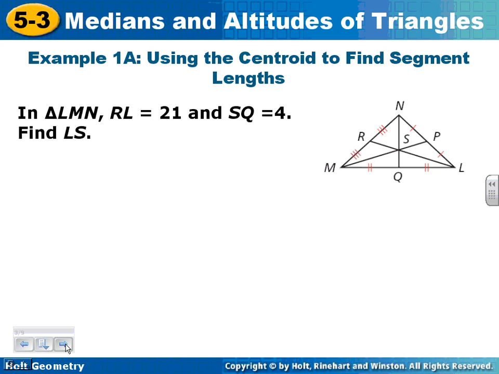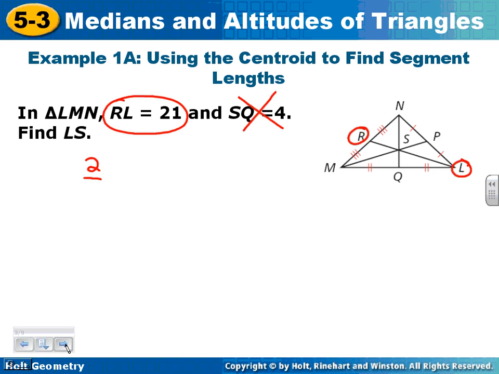In triangle LMN, RL is 21 and SQ is 4. Find LS. Well, R to L is 21. I don't need this information. I don't care what SQ is. It's 4. I need to find LS. Well, L to S is the 2/3 part.